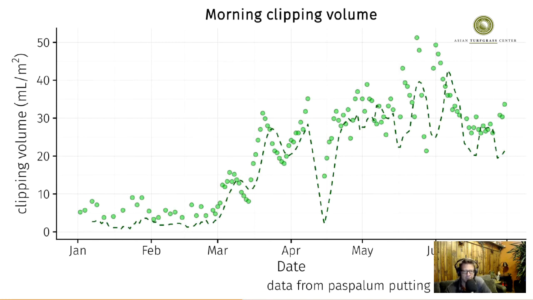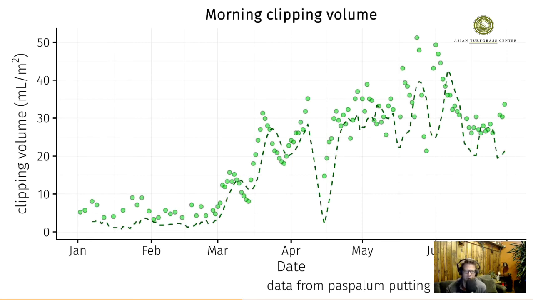In the wintertime, the green speeds are quite fast and the clipping volume is quite low because it's cold. And then the clipping volume goes up through the spring, then it drops for an aerification event when the greens were not mowed, and so on. One can see history of the grass growth through the year by looking at the clipping volume.